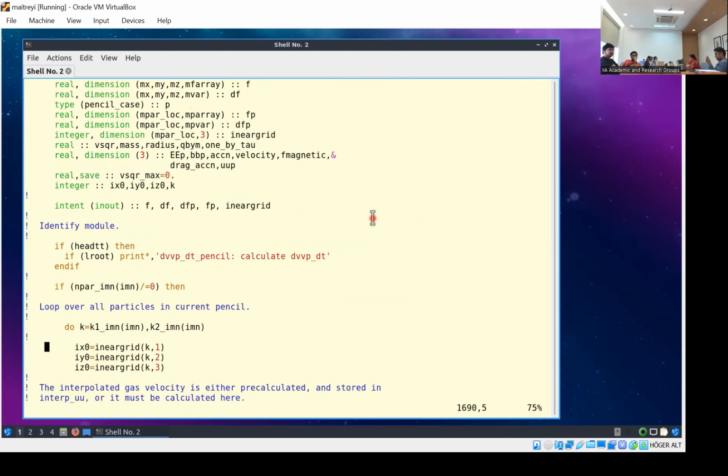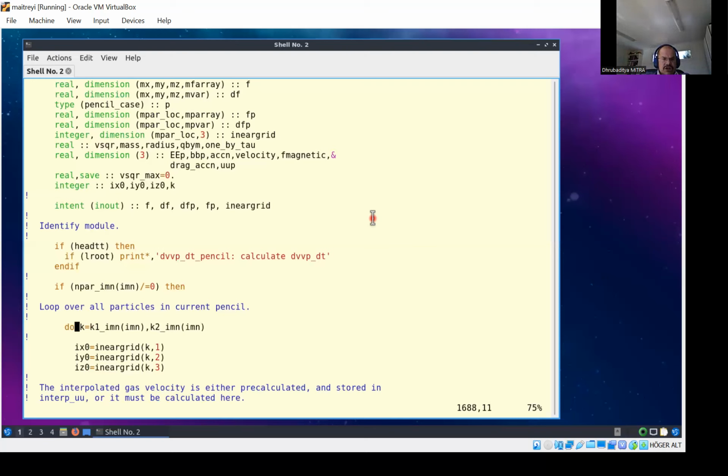That's the non-relativistic equation. So far, everything is non-relativistic. So it is just the equation that I wrote, E plus V cross B. If needed, it can be modified. Any equation you can put, you can change. You need a flag and then you can change it that way.